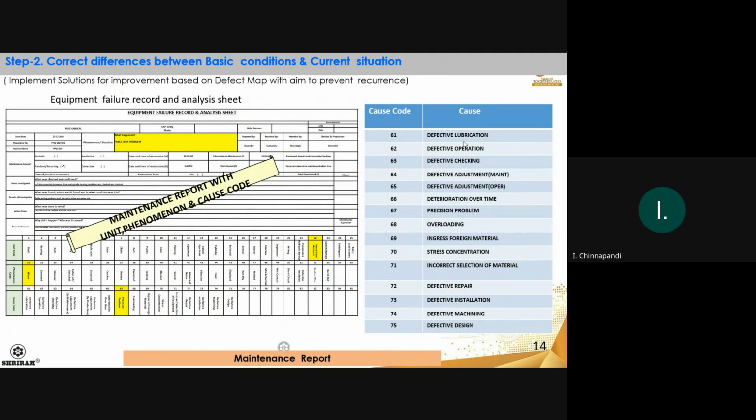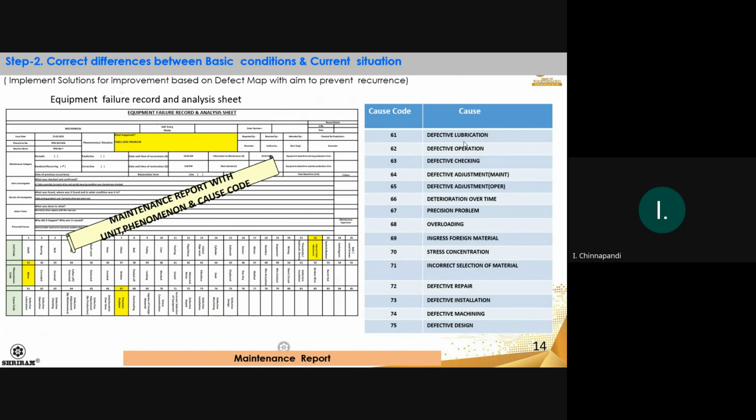So this is one thing we call the record sheet, failure recording sheet. In this record sheet, we note what components go wrong. For example, defective lubrication, defective operation, defective checking, overloading, foreign particle, stress concentration, defective repair, defective installation.